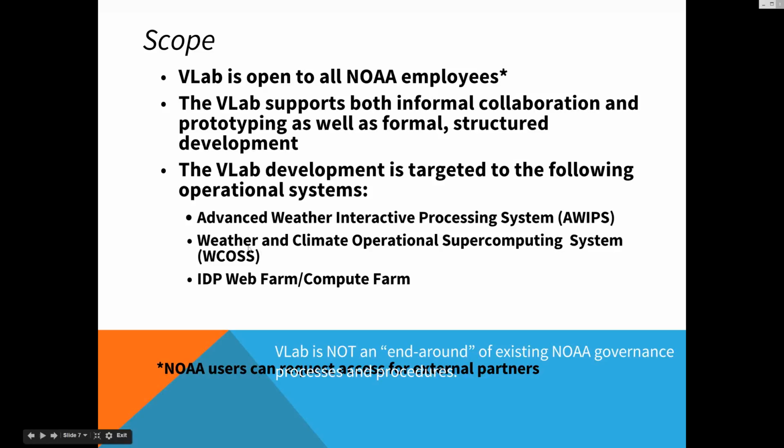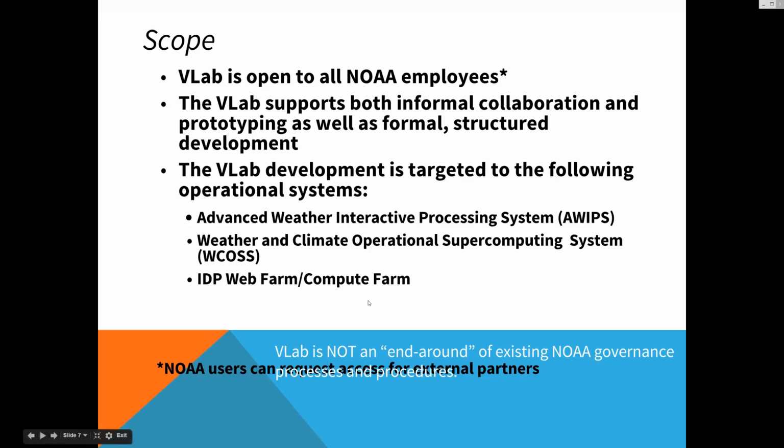Also WCOSS, the Weather and Climate Operational Supercomputing Systems at NCEP, and the IDP Web Farm Compute Farm, which is at NCEP as well. In fact, we are shifting the hosting of the VLab itself to the IDP Web Farm and are deep into that at this point in time.